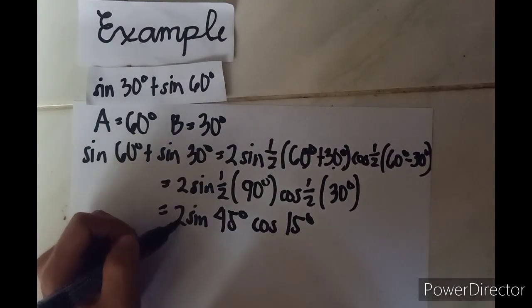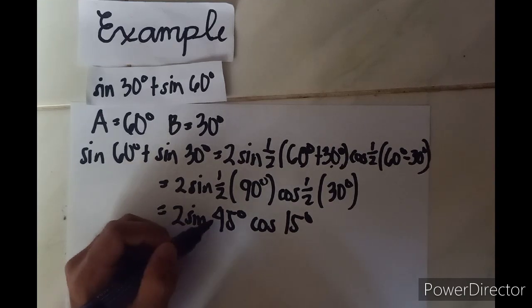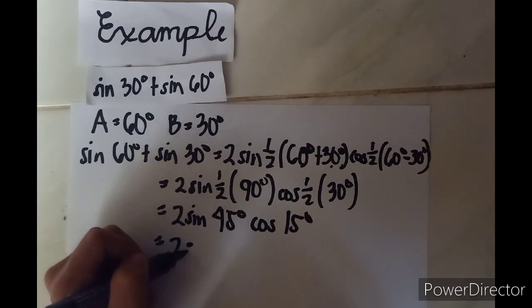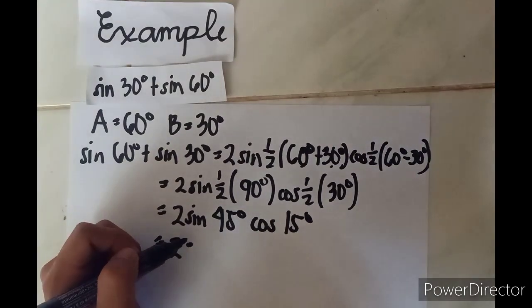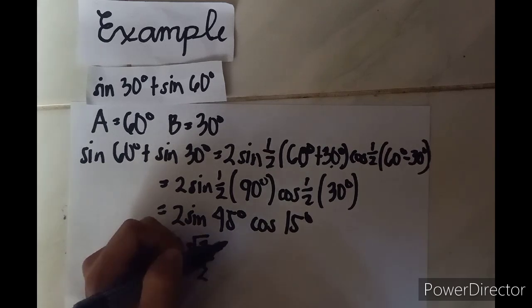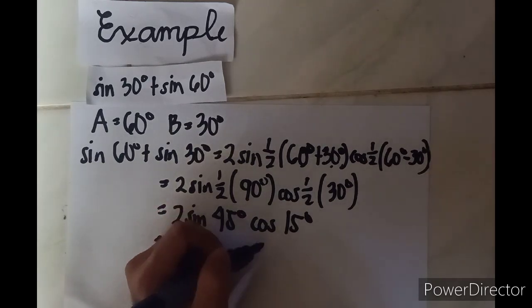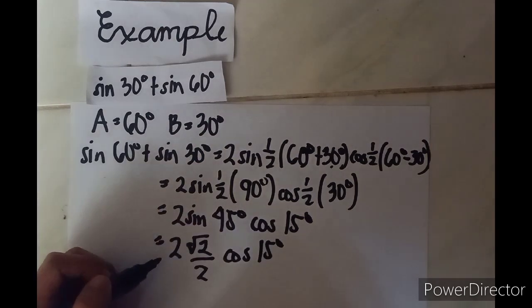Now we're going to copy 2, then as we can see, sine 45 degrees is a perfect angle. The value of sine 45 degrees is square root of 2 over 2. Then cosine 15 degrees will remain.